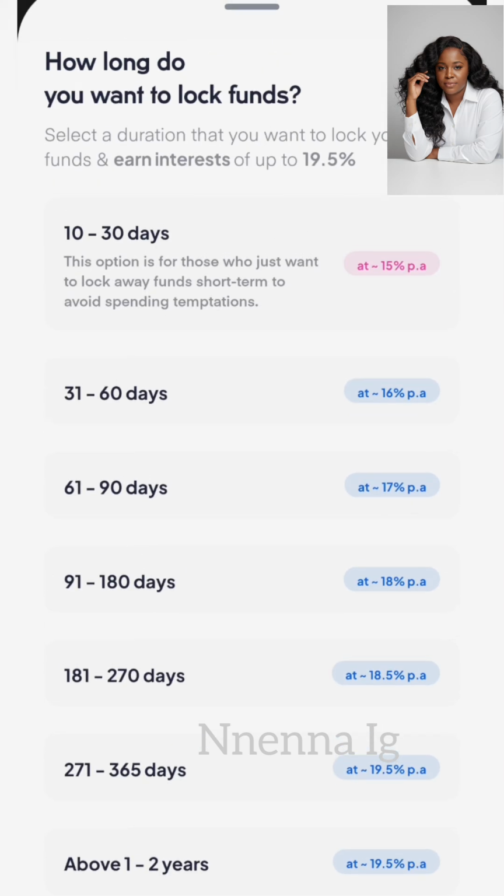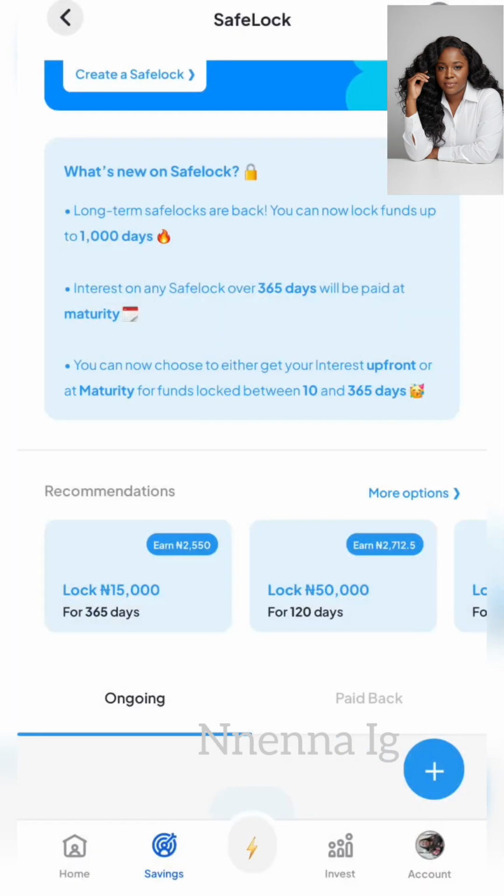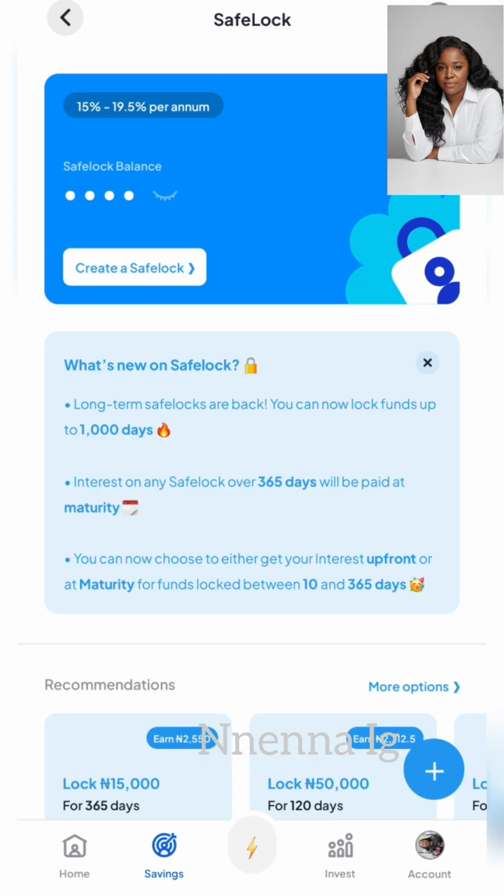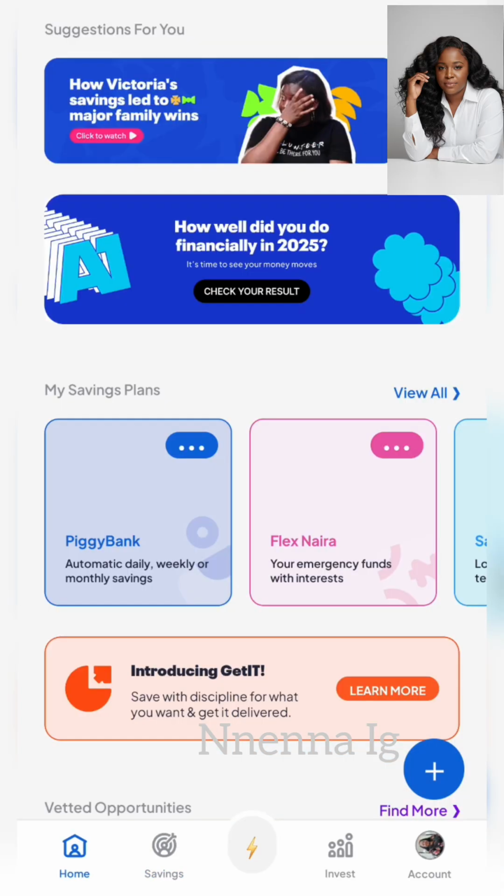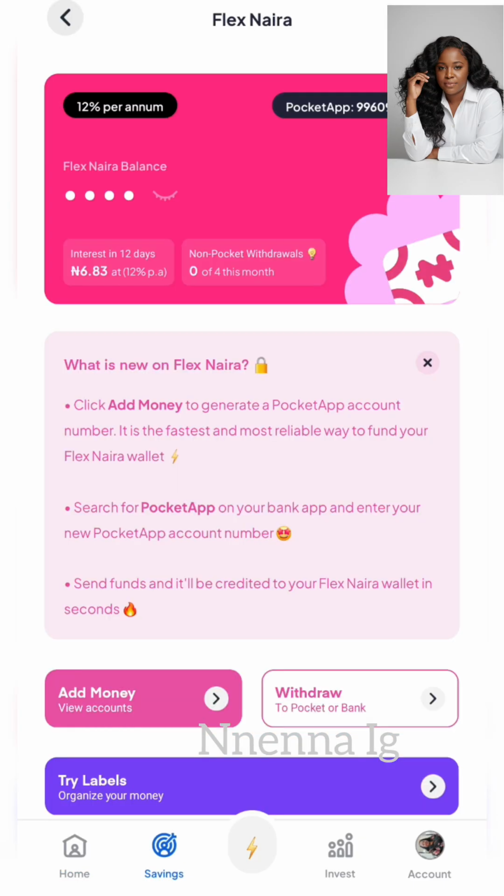But these days, because the money is big, instead of making the payment upfront for 10, 15, or 30 days, I let the money accumulate interest for me before I withdraw it and make the payment. At this point, it's also important to point out that you can take your interest upfront, or you wait at maturity and take everything. So next, we look at Flex Naira.